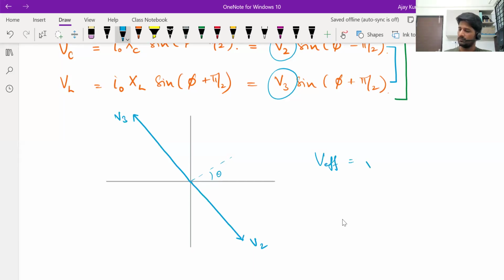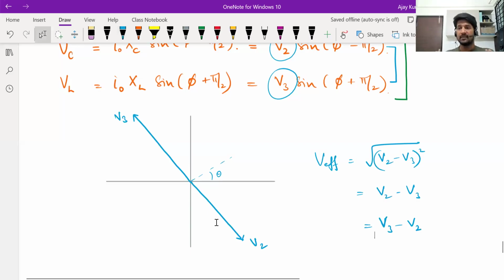It will be root of V2 minus V3 whole square. If V2 is bigger than V3, you write V2 minus V3. If V3 is bigger than V2, you write V3 minus V2. So it all depends on which one is dominant. That's why the effective voltage across the capacitor inductor combination will always be the difference between their voltages.